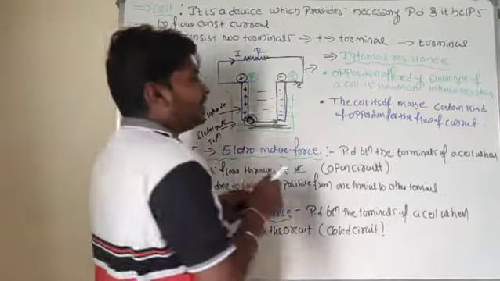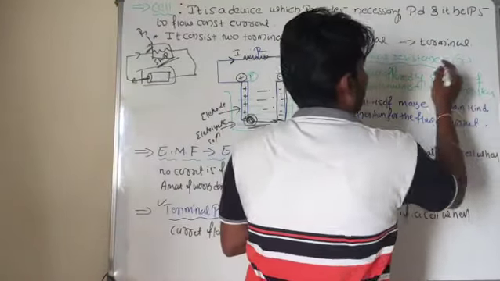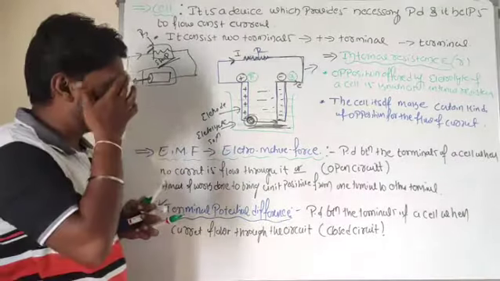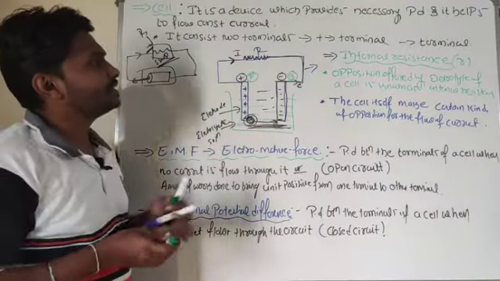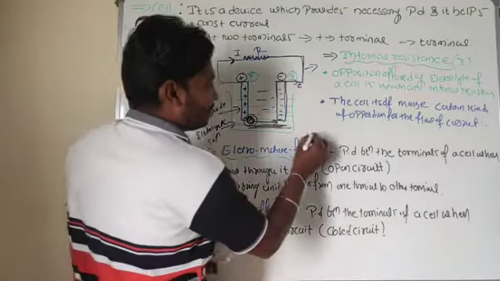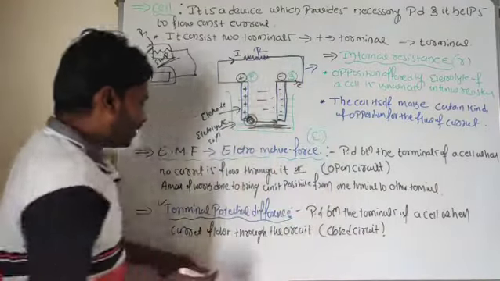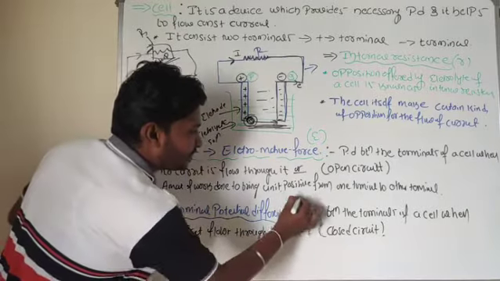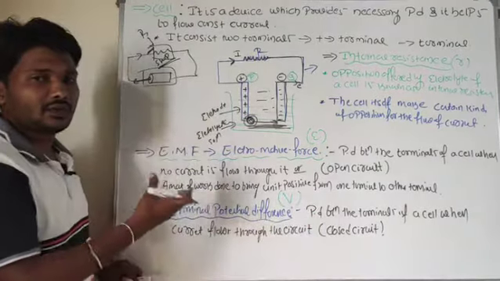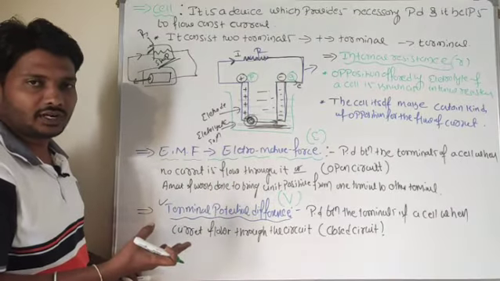Internal resistance is represented by the symbol small r, EMF is represented by the symbol E, and terminal potential difference is represented by the symbol V. Terminal potential difference we can also call simply potential difference.